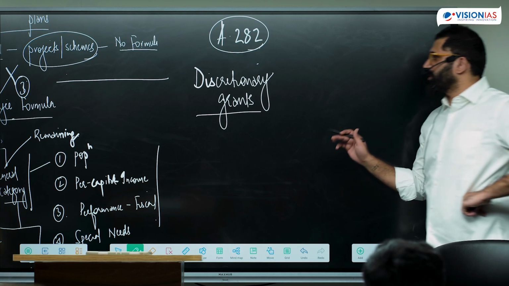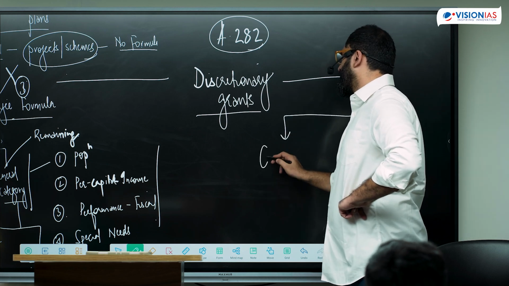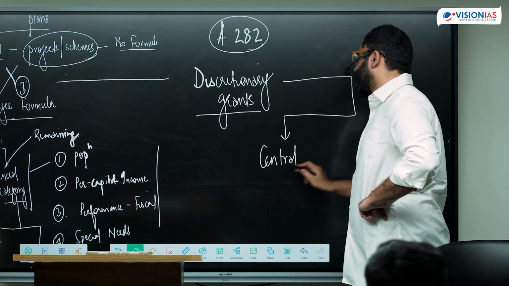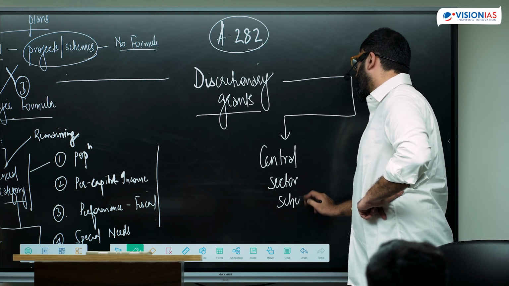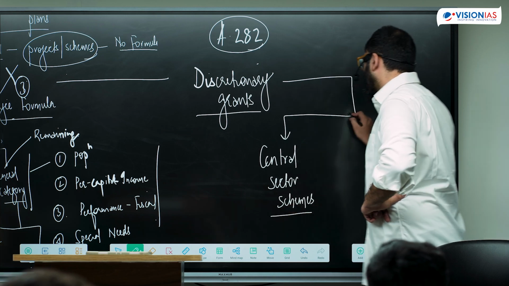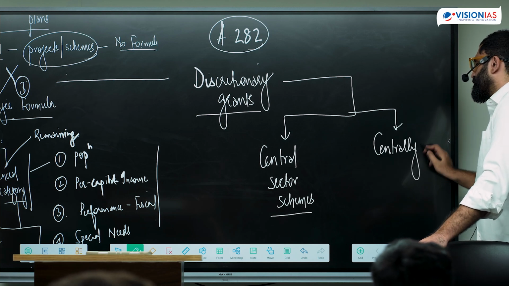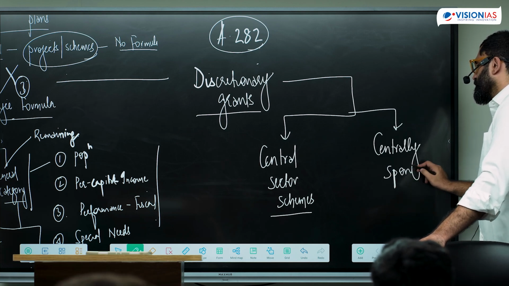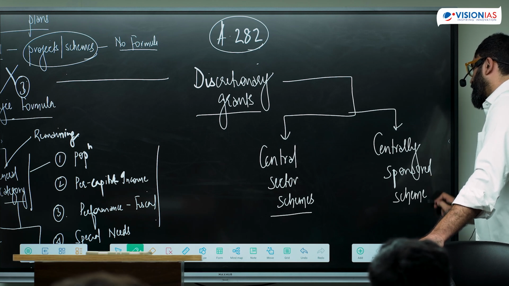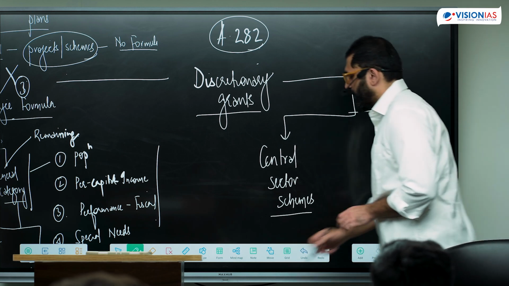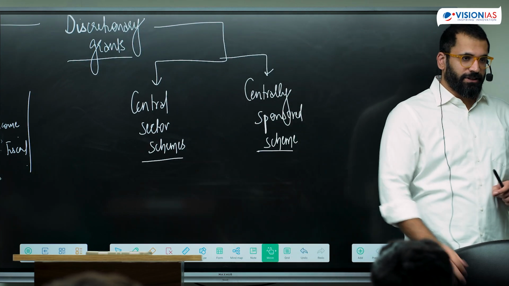How are these discretionary grants given? One is, and the other is central sector schemes and the centrally sponsored scheme.